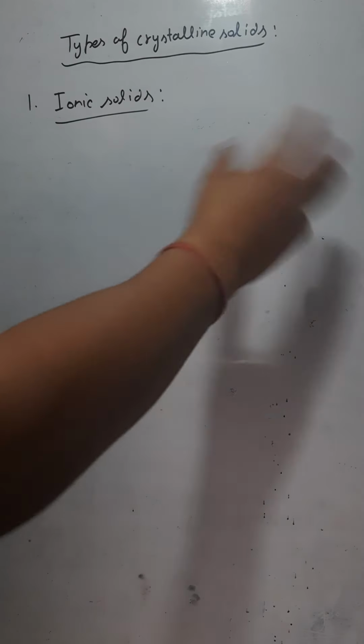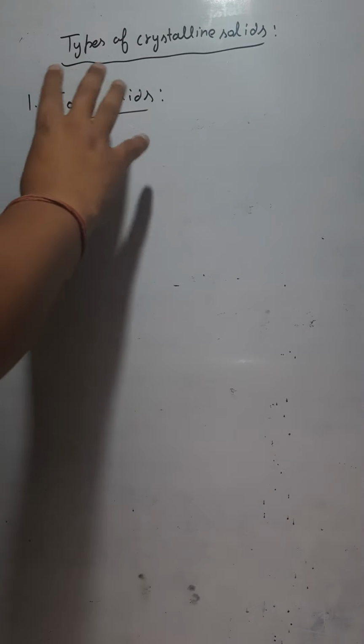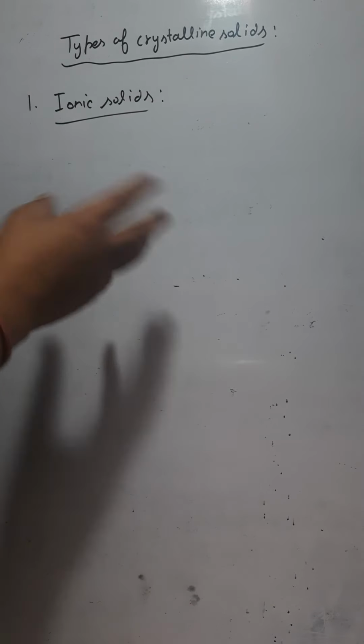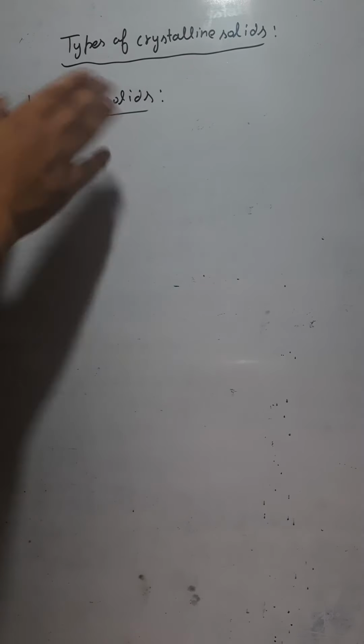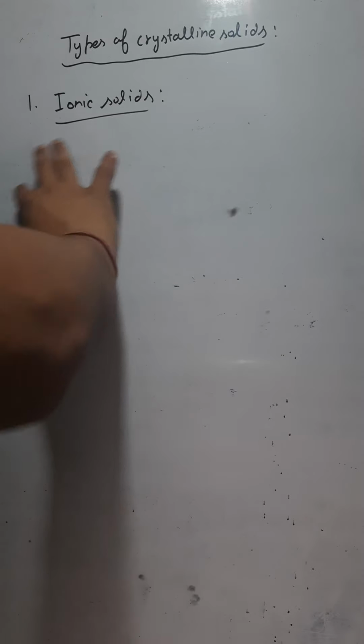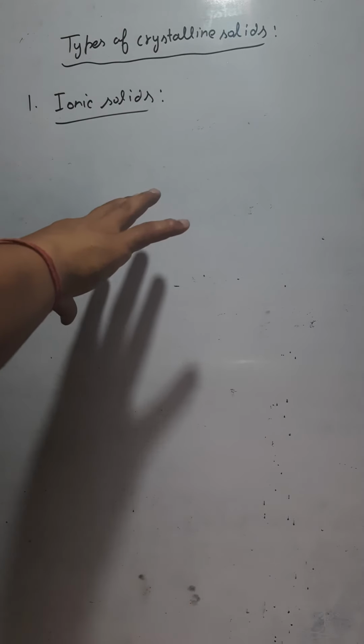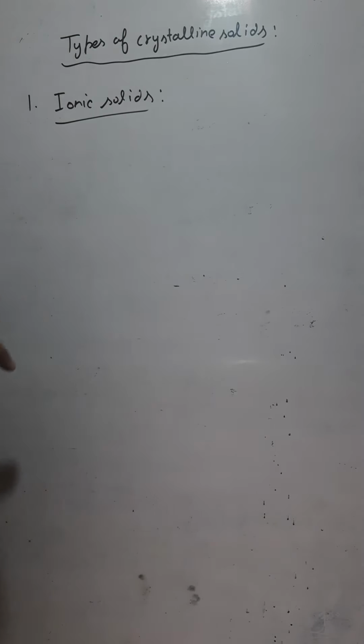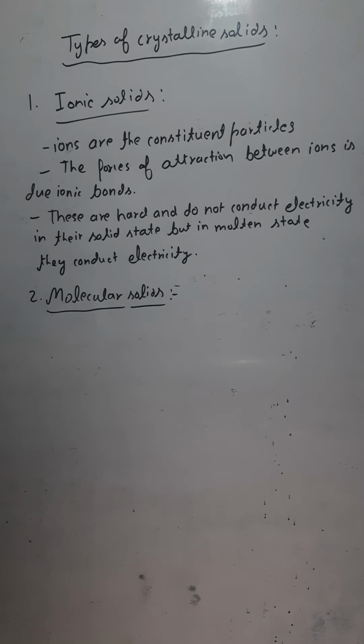The ions are not free to move, so they cannot conduct electricity. But when these solids are in molten state, the ions are free to move, then they can conduct electricity. So ionic solids can conduct electricity in their molten state, but in solid state they do not conduct electricity at all.